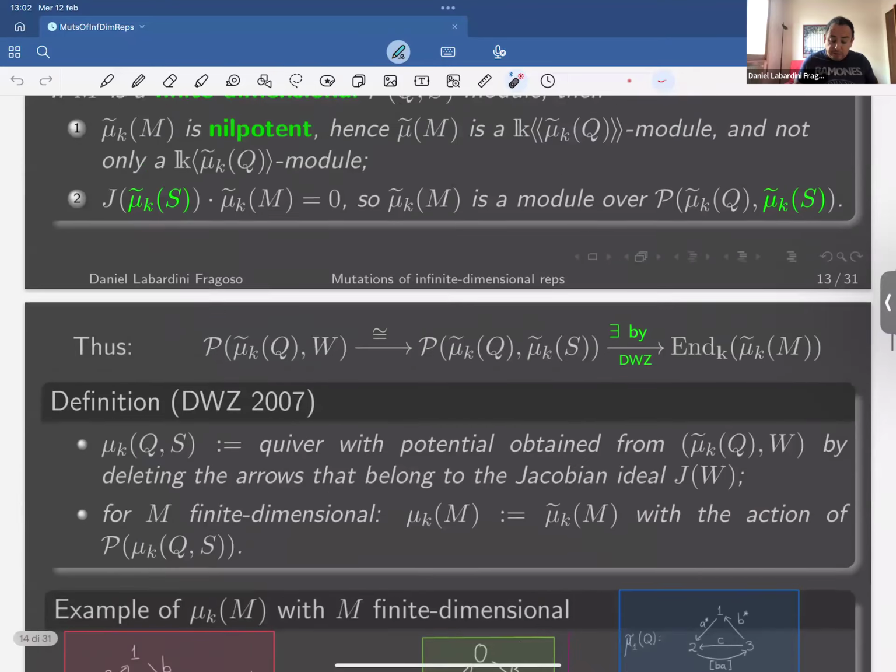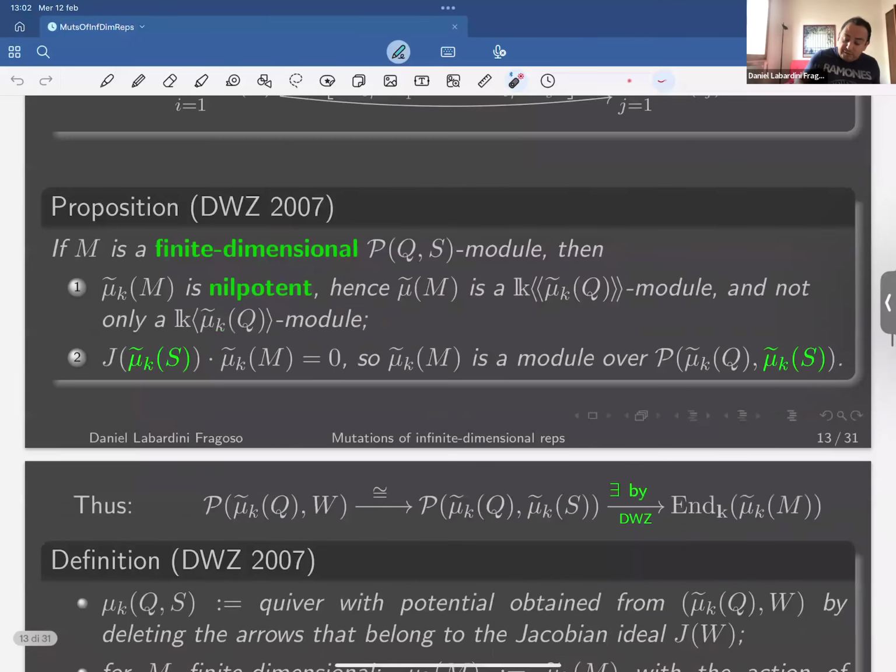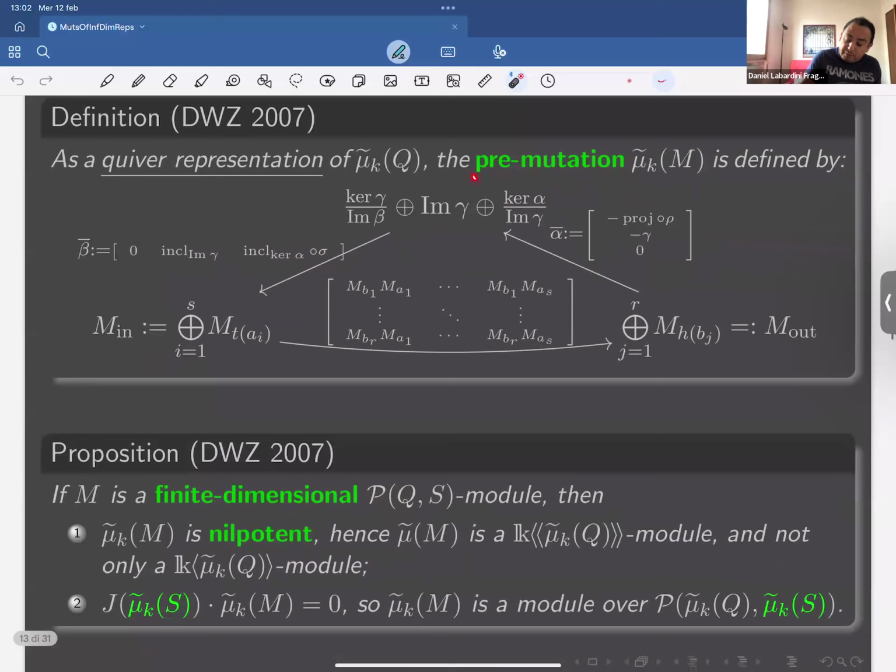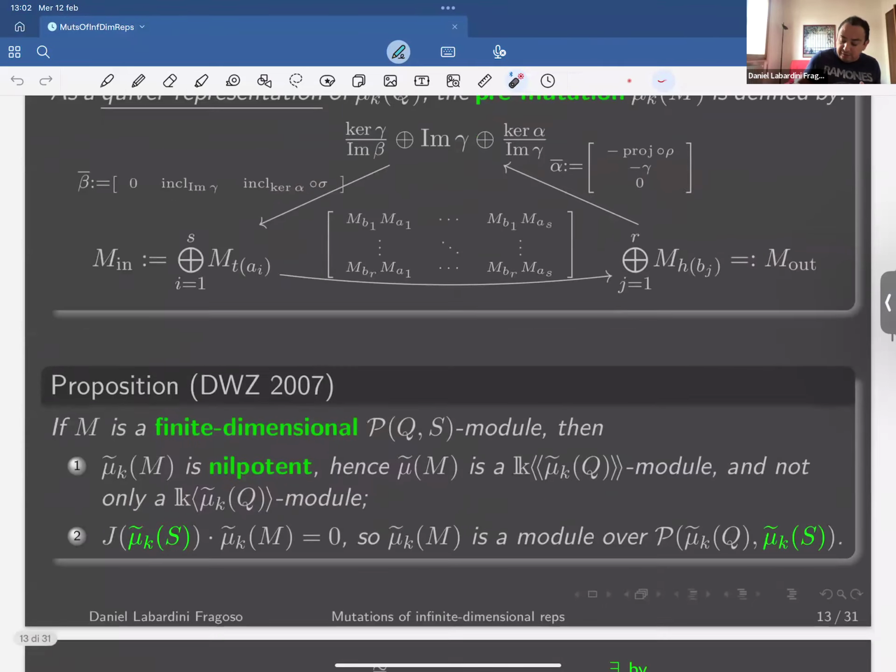And what they define is the so-called pre-mutation, because somehow one has not yet deleted 2 cycles.